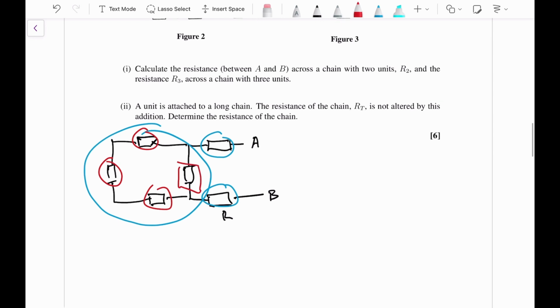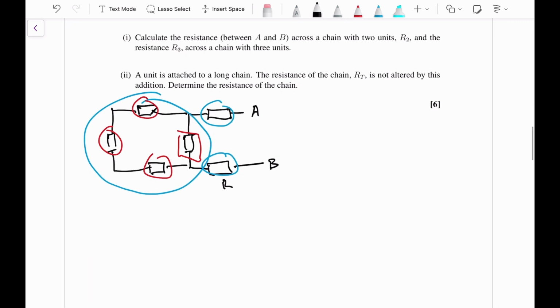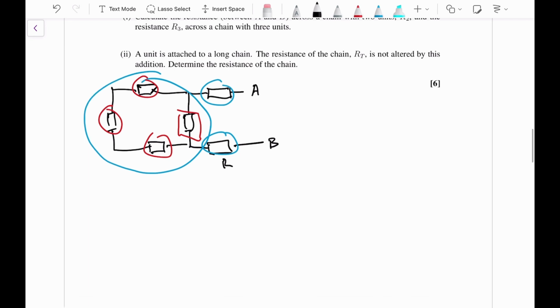Okay, so over here, I'm first going to calculate the resistance of the second part. So 1 over R, let's say R2, R2 will be equal to 1 over 3R plus 1 over R.